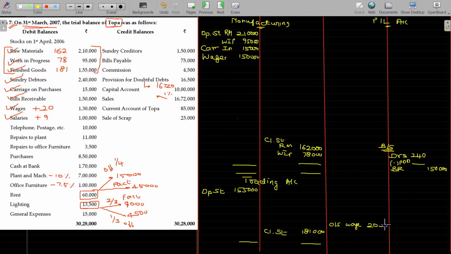Salaries will be an item of debit in P&L account. So here salaries, the value being 1,00,000 and including outstanding, it is 1,09,000. The outstanding salary will be a liability, will be posted in the liability side. So outstanding salary, this value being 9,000.